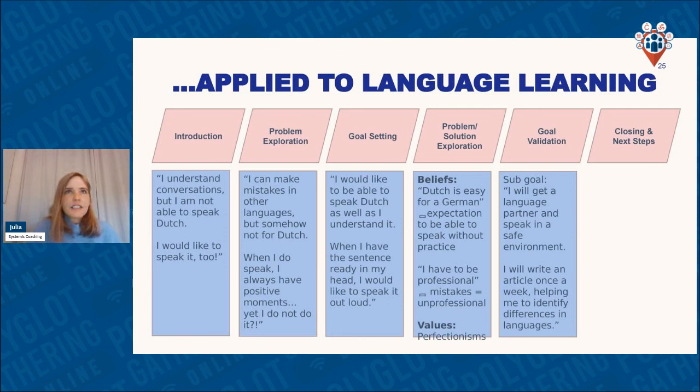And the second big influencing factor in my case was that I was mostly hearing and getting the possibility to speak Dutch in the work environment. One of my beliefs, which had nothing to do with language learning but with the environment I was in, was: I have to be professional, and mistakes are not professional. And if I speak Dutch, I will make mistakes. So then I'm not professional anymore.